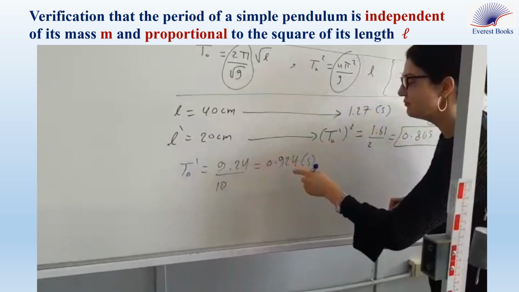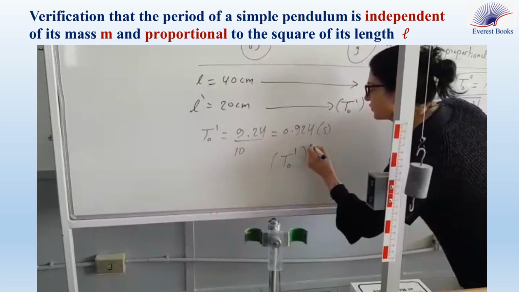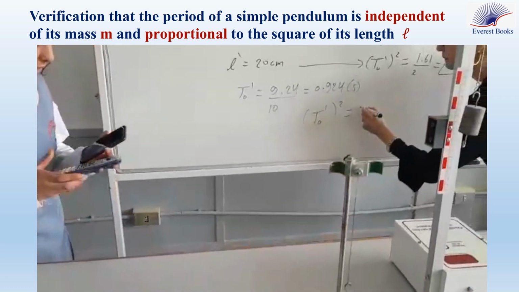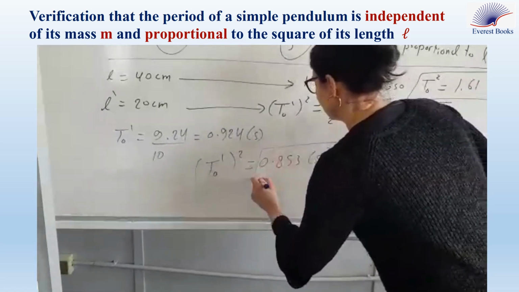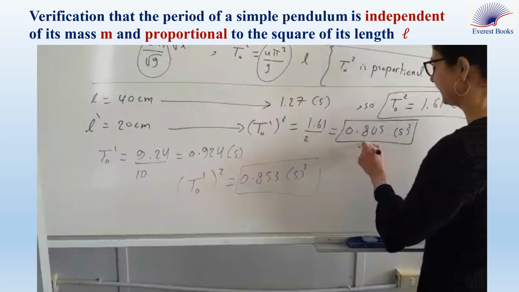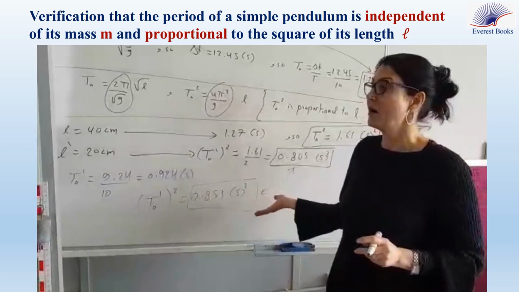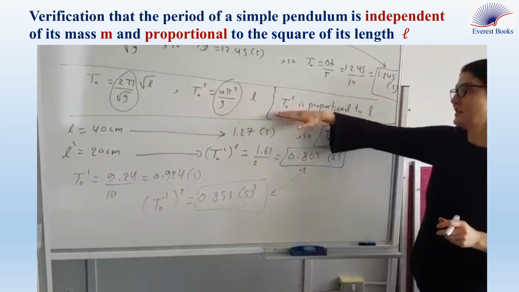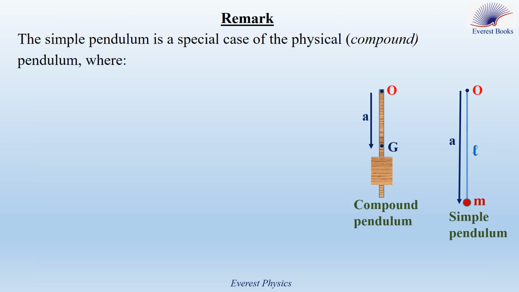Now, please take the square of this value, so T0' squared is 0.853 seconds squared. Now, look at the calculated value and the experimental value. They are very close, and so this result is verified. The square of the natural period is proportional to L.